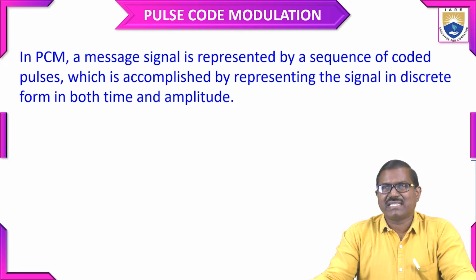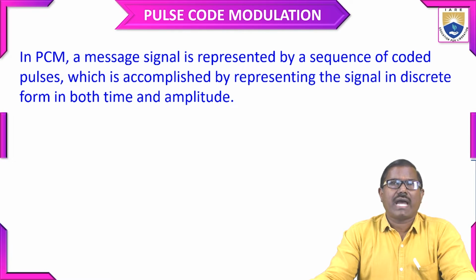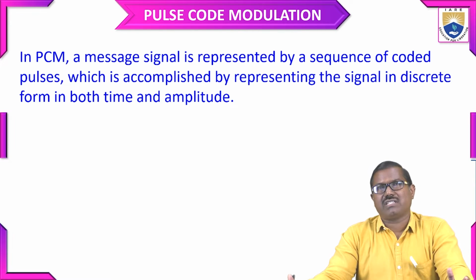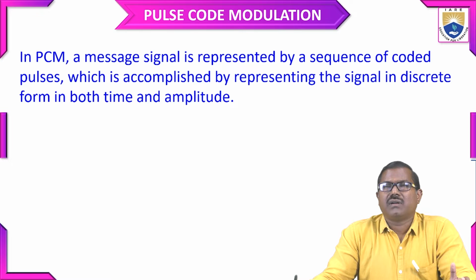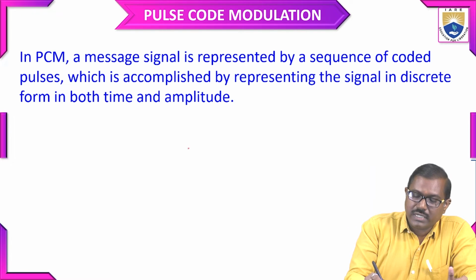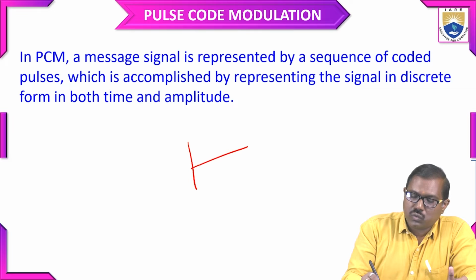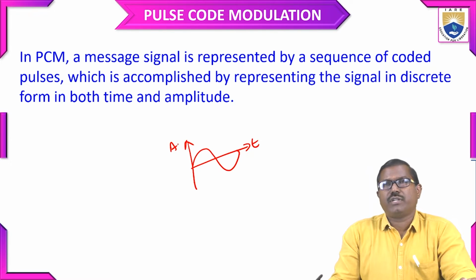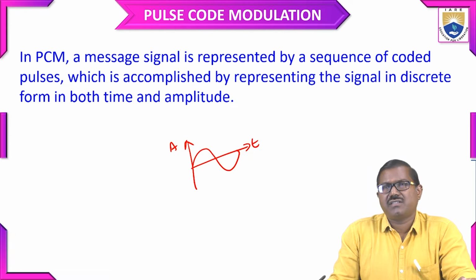representing the signal in discrete form in both time and amplitude. So here we are going to convert both time and amplitude. Why? Because in any analog signal, we have three parameters: amplitude, phase, and time.